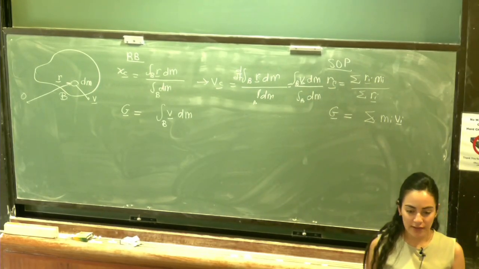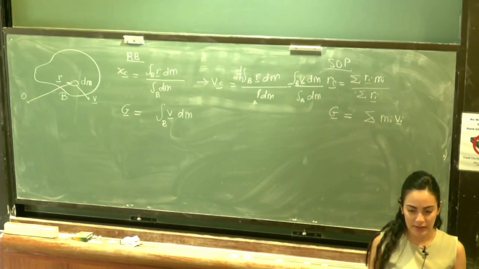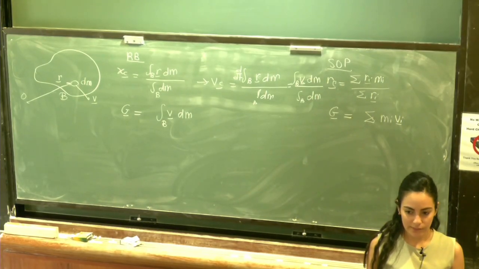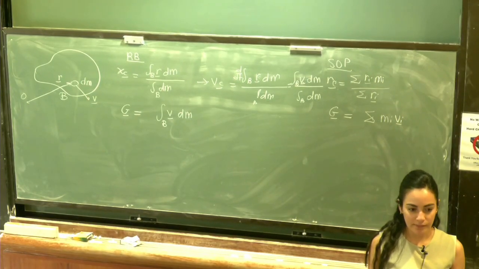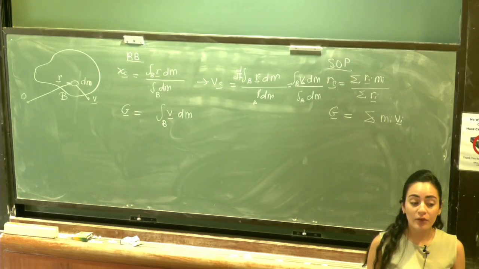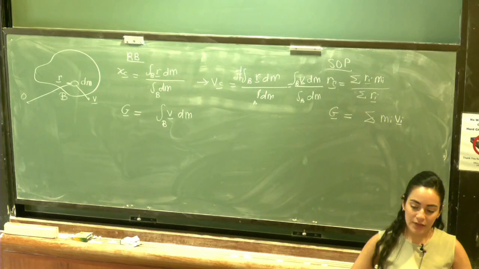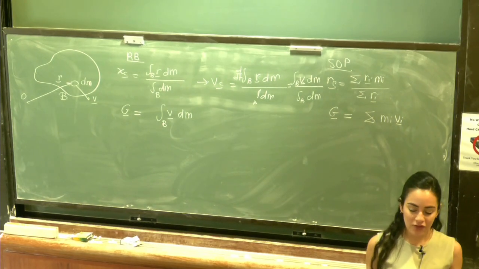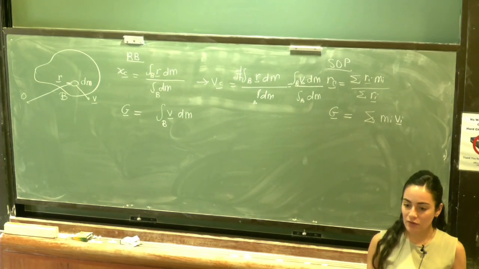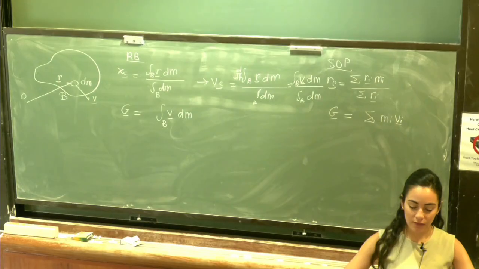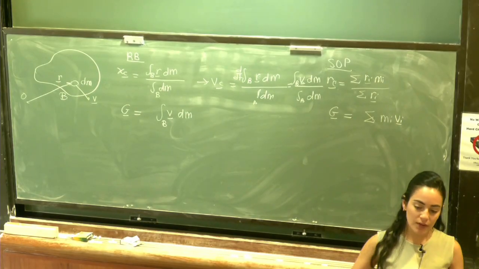Am I allowed to take this derivative inside the integral? Yeah. You can read more about that in the textbook. But usually when you're taking a derivative of an integral and the boundary of the integral is changing, then you have to use Leibniz's rule to take into account the derivative of the boundary of the integral plus the derivative of what's inside.